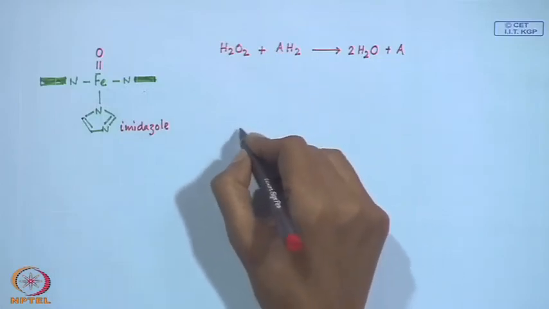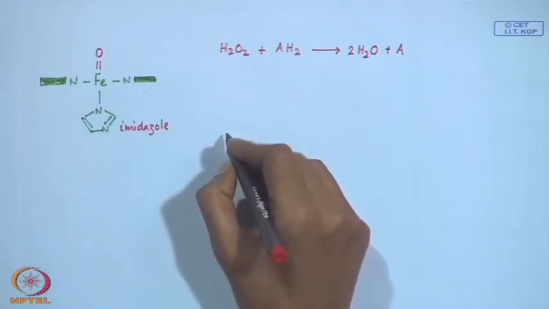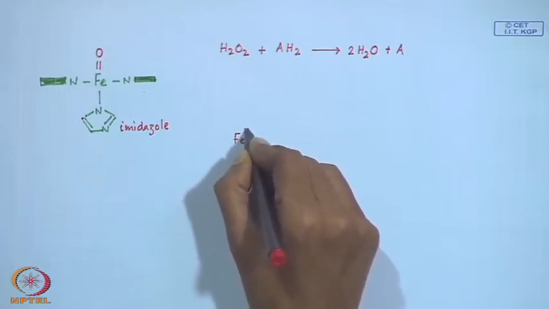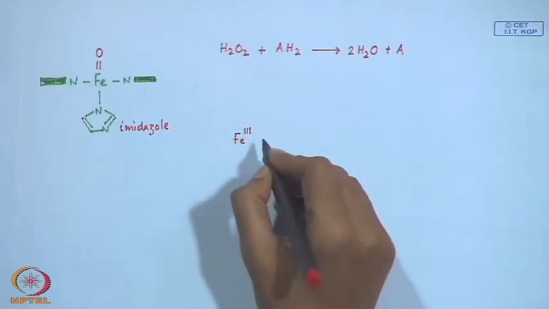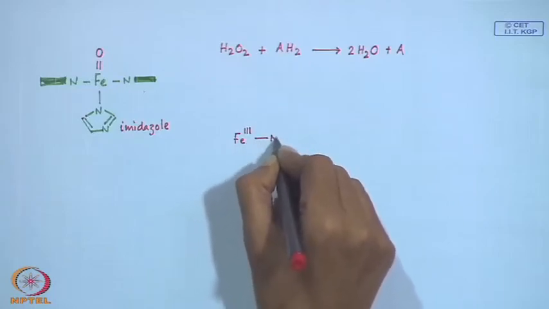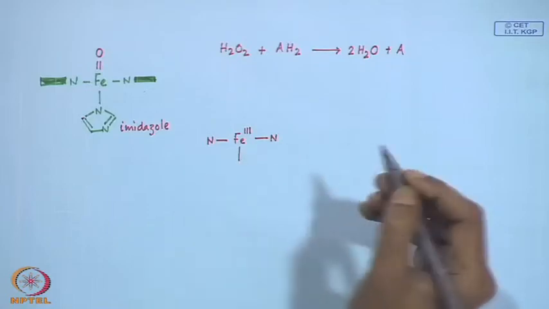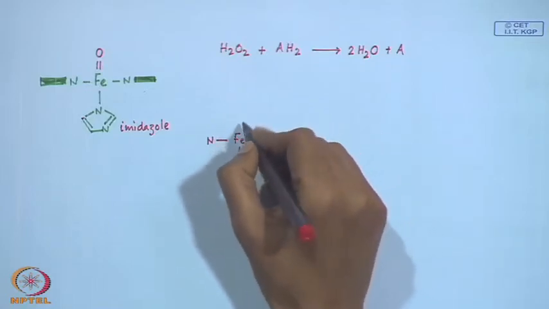It is very important to know that you have this iron site which is in the trivalent state, bound to nitrogen, and this is another nitrogen.